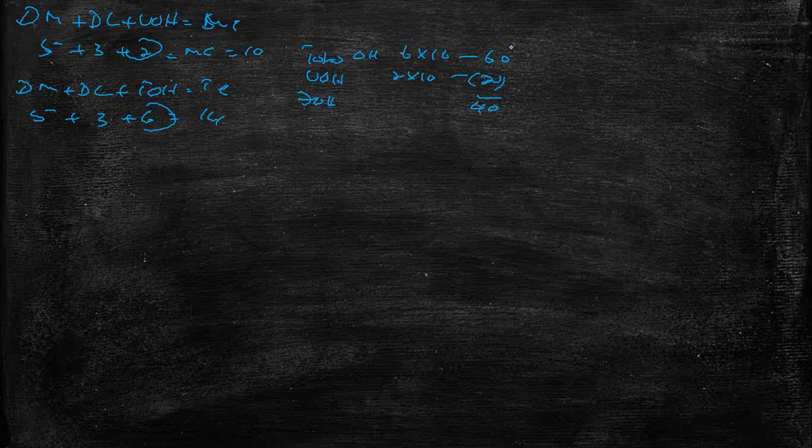Total overheads are made up of variable overheads plus fixed overheads. So variable overheads are 20, and therefore 60 minus 20 is your fixed overheads, 40. Is that clear?